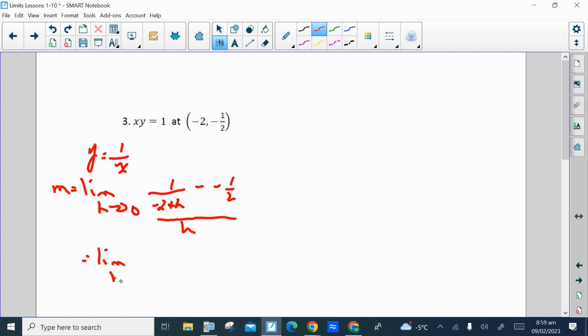So if I just simplify or rewrite this a little bit before I start the next part, negative 2 plus h is the same as h minus 2. The minus becomes a plus positive. That's what it'll look like.